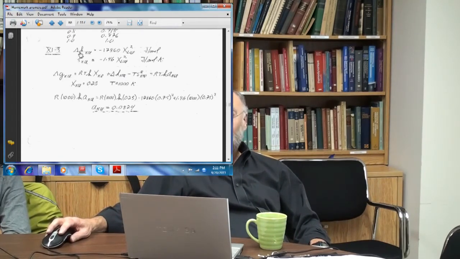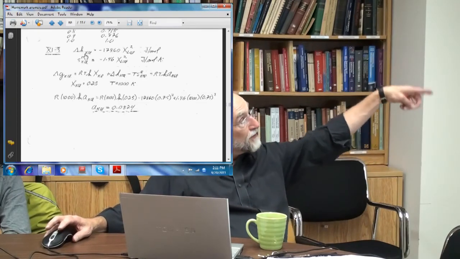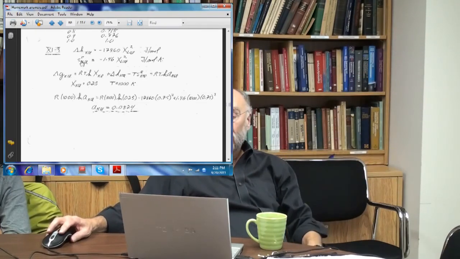So your delta H partial is the same constant times X lithium chloride squared, and S excess is the constant times X lithium chloride squared. Okay, so there's your partial properties of KCl from these equations here on the board. Now you put them together with the ideal and you get the activity, so you can calculate it here.